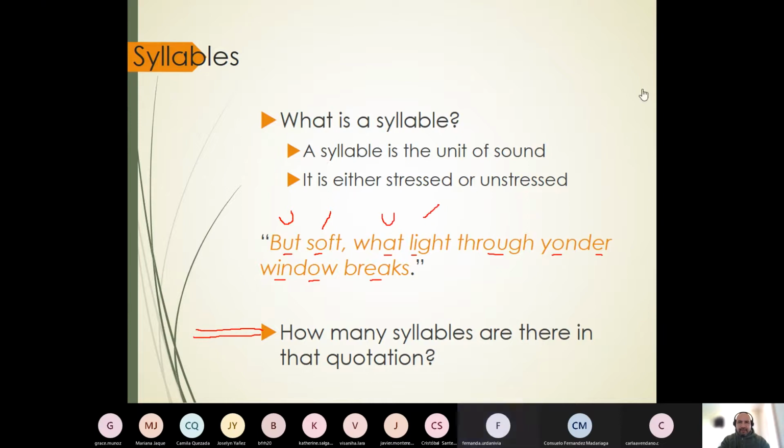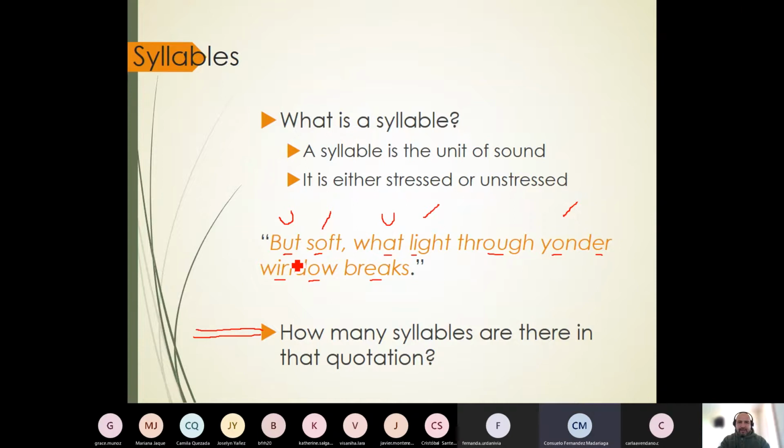Light. And then through? Yonder. What about window? Window.